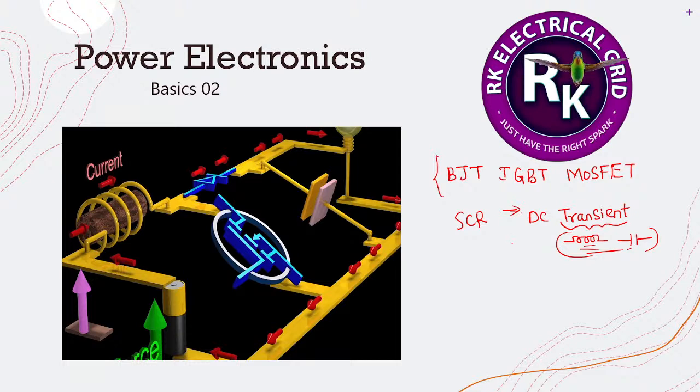In our power electronic switches, we have seen this effect everywhere. When we are closing the switch, what will happen? When we are opening the switch, what will happen? After opening the switch, after a few seconds, what will happen? These are the things we observed in transient. Basically, this is called the transient effect.